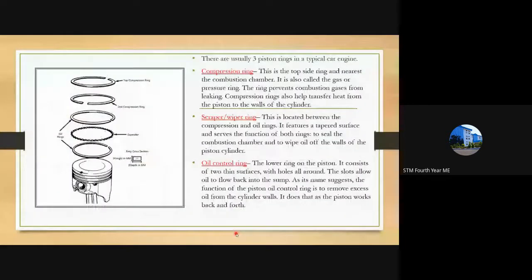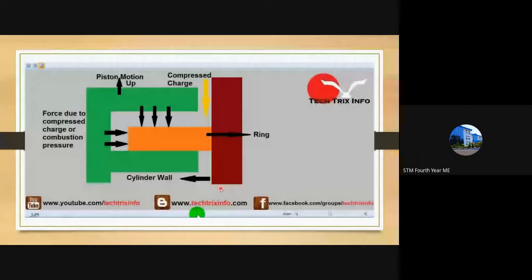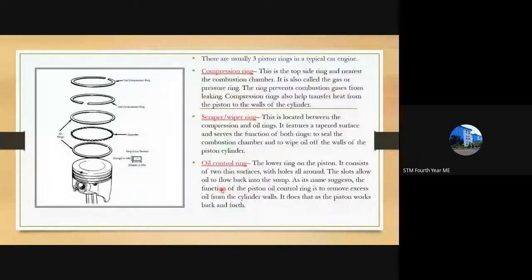Next, this is the ring present inside the cylinder. You can see there are two compression rings here, a top compression ring and a second compression ring. I told you that the ring has a split pattern.